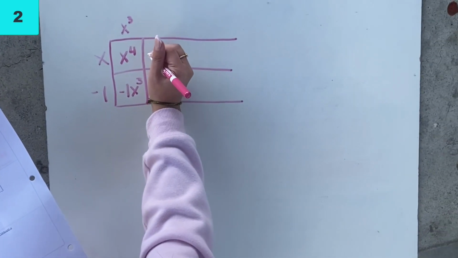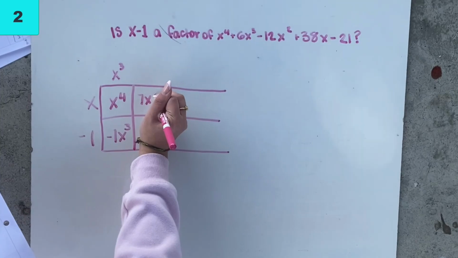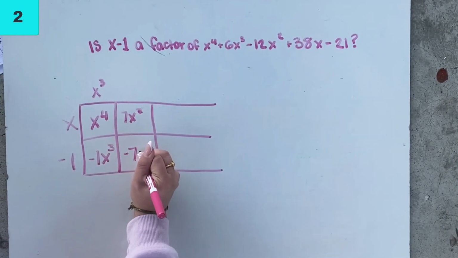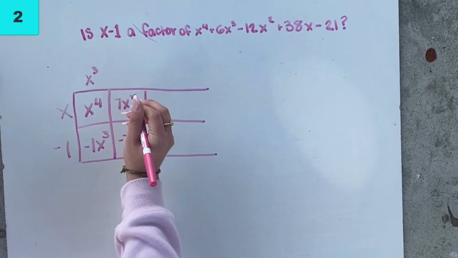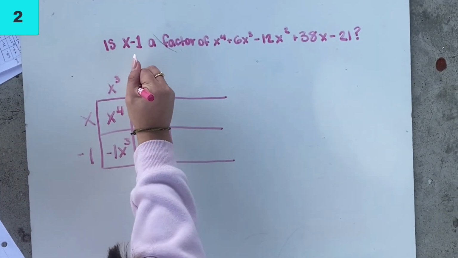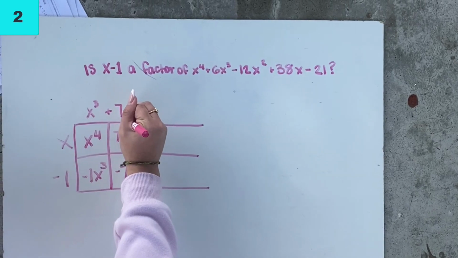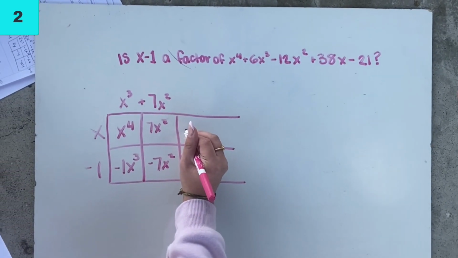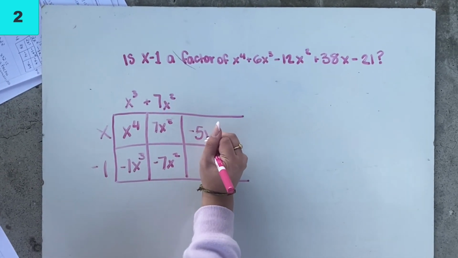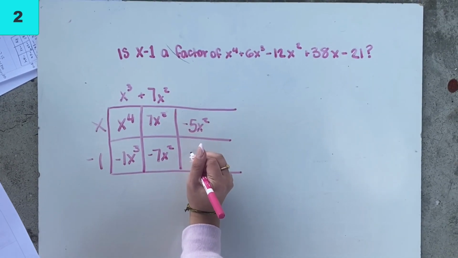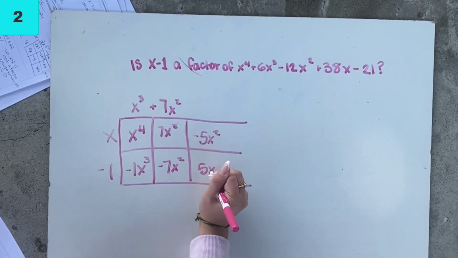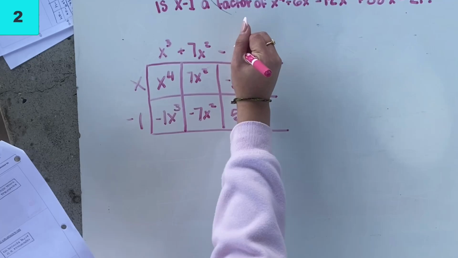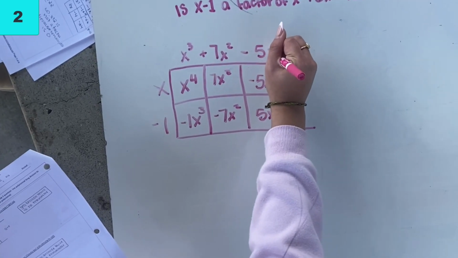So I got 7x for the next one to the power of 3 and negative 7x squared, which gave me a positive 7x squared at the top. And then for the next row, I got negative 5x squared, and then I got a positive 5x on this one, which gave me a negative 5x at the top.